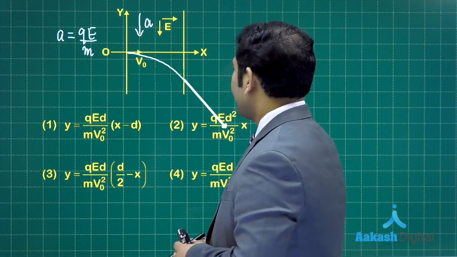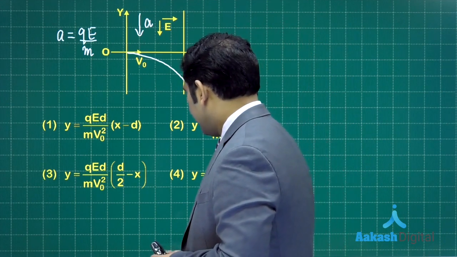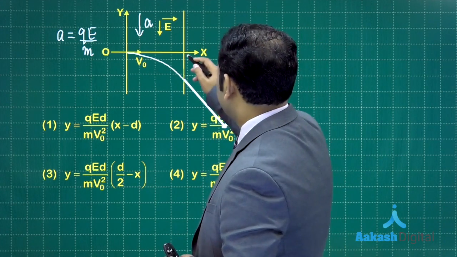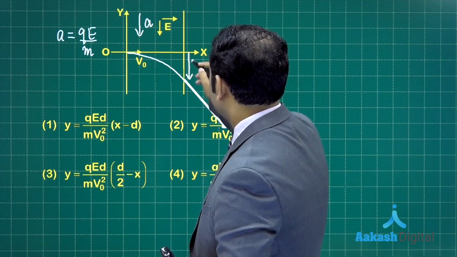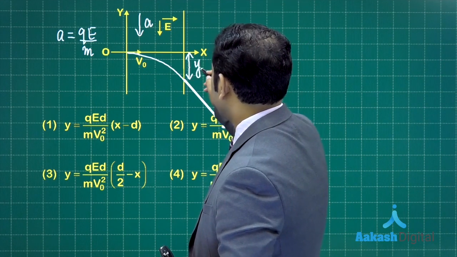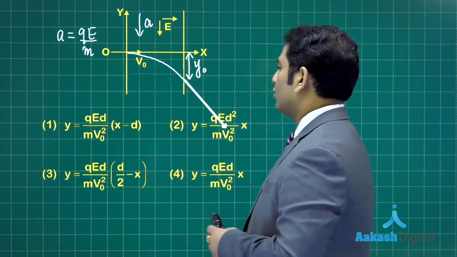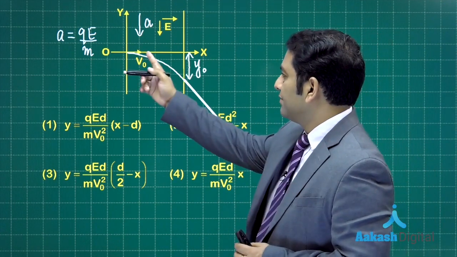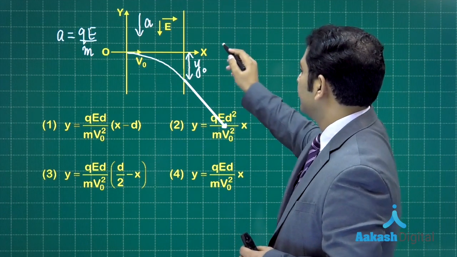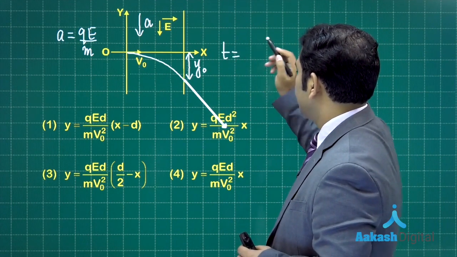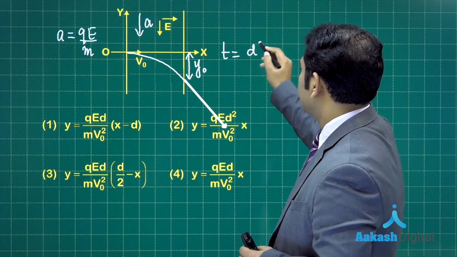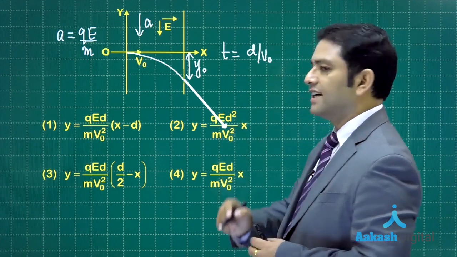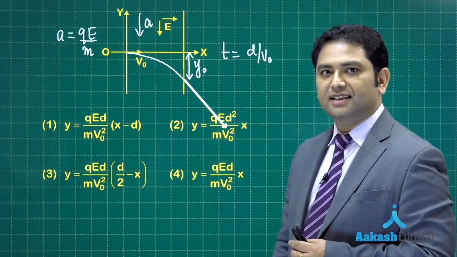So what are the parameters required? Let me first calculate the magnitude of this particular length, which is y0. For that, let's see what is the time taken by this particle to reach here. The time taken is of course equal to d divided by v0. The x direction is going to help us.